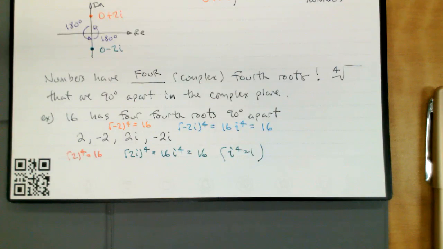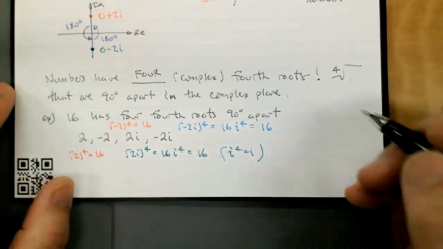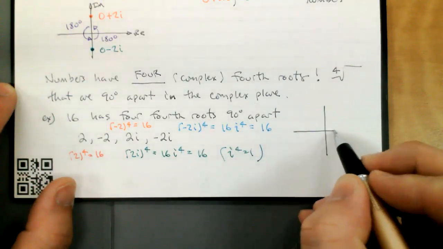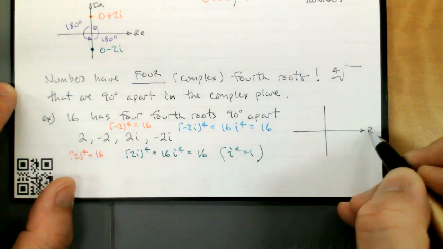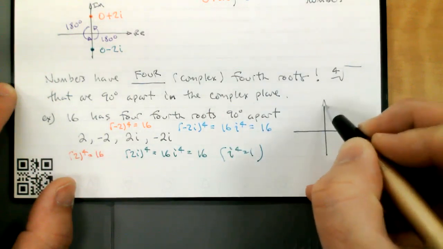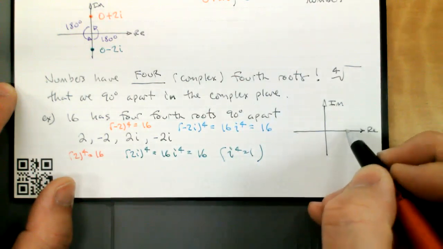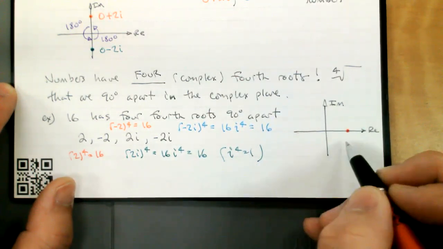If we plot them in the complex plane, they will be 90 degrees apart. So 2 will be up here, 2 plus 0i.